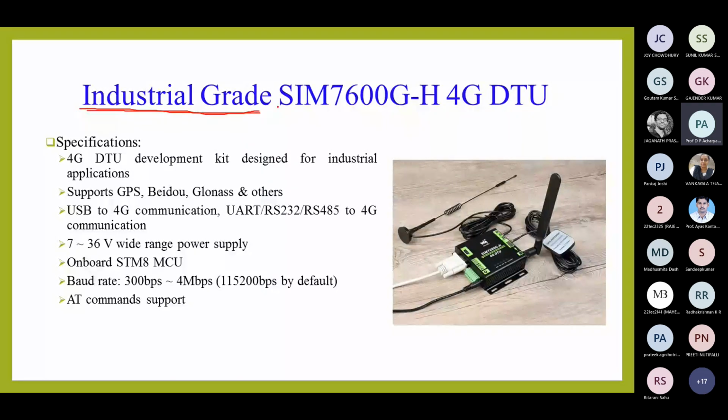Our system should sustain that. There can be a lot of rainfall, so humidity will be 100%. Sometimes there is a dry area, and there also it has to be deployed. So industrial grade means it has to sustain through different harsh conditions.